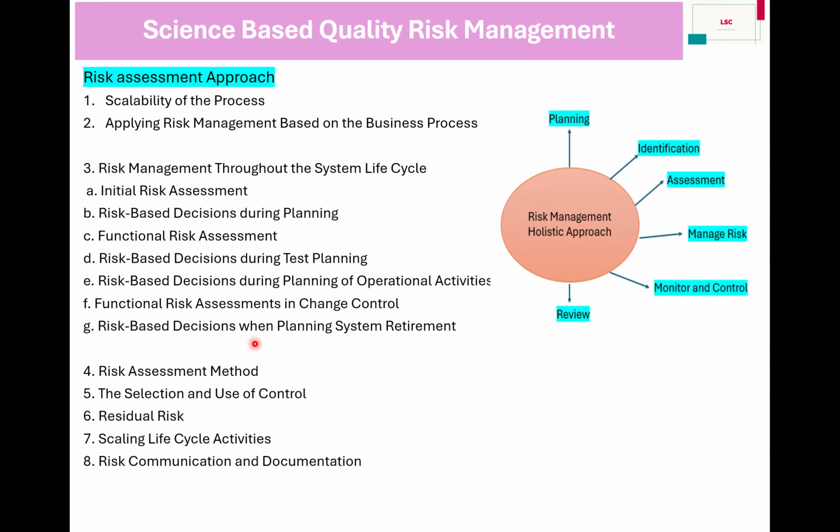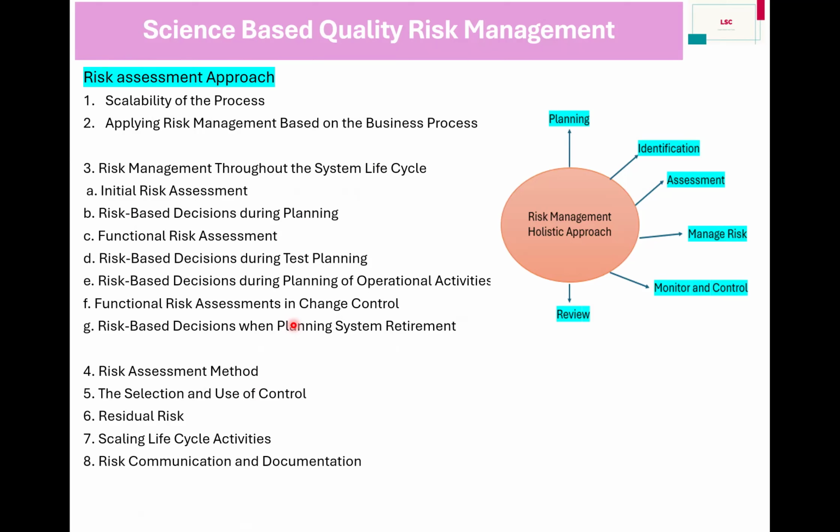Then risk-based decision when planning system retirement: when we are going to retire the process, what is the risk-based process in that case, that comes in this part. So this third part is related to the system life cycle process, risk based throughout the system life cycle. Then risk assessment method, what type of method are you going to check, right? So the risk-based method comes here in this case.